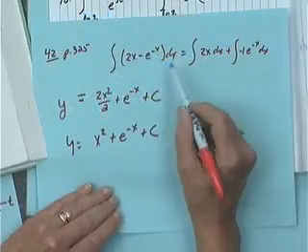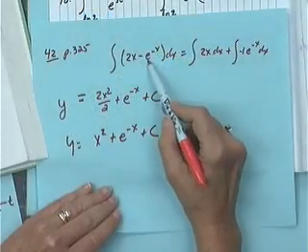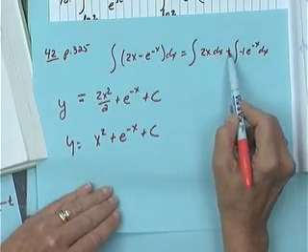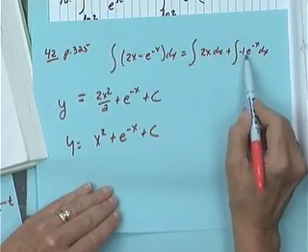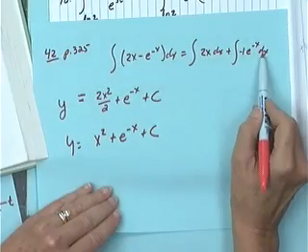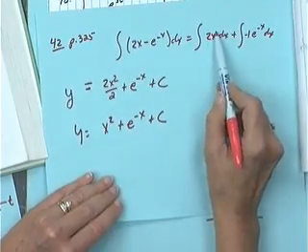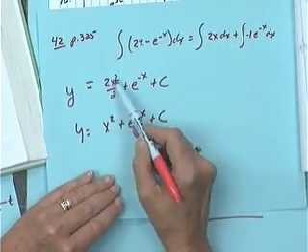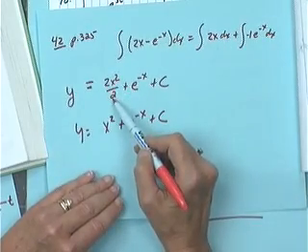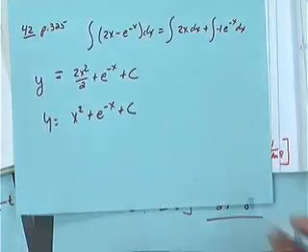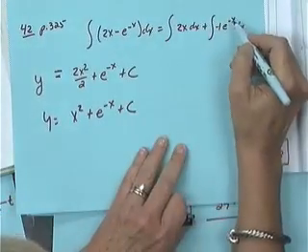What I did, just in case you wanted to, is you can integrate term by term. So I went the integral of 2x dx plus minus 1 e to the minus x dx. So 2 times x to the first is going to be 2x squared over 2. And this last little part here, I did an internal u substitution in my brain.